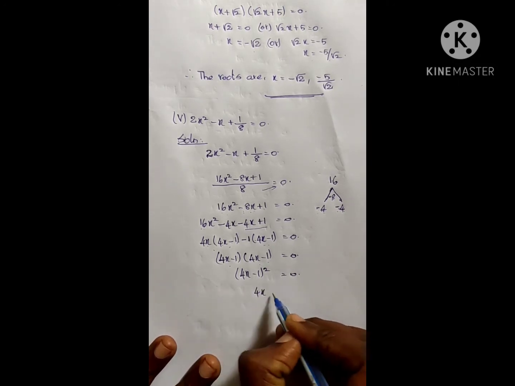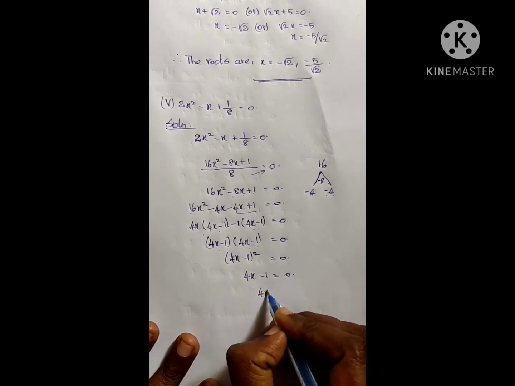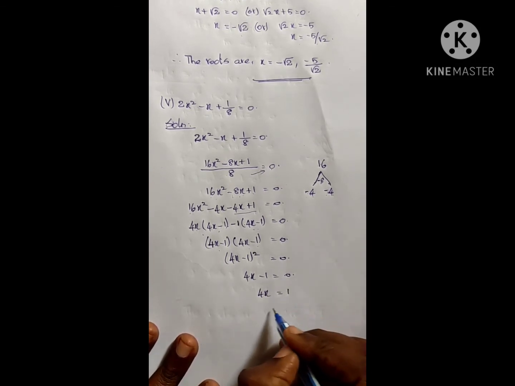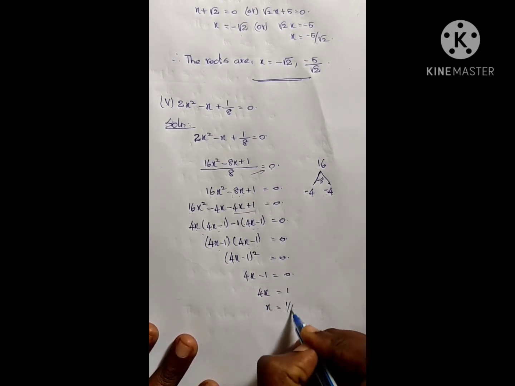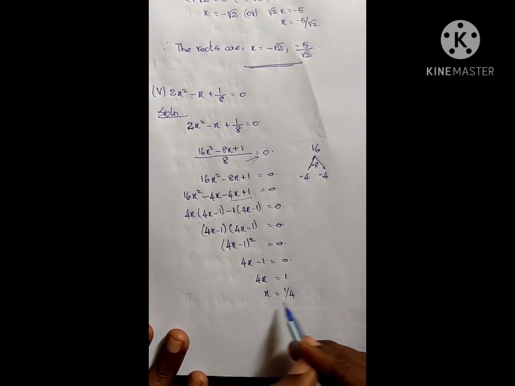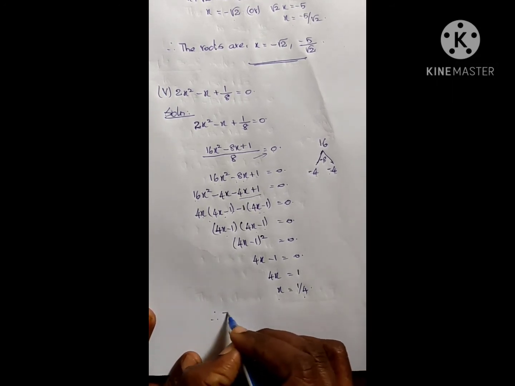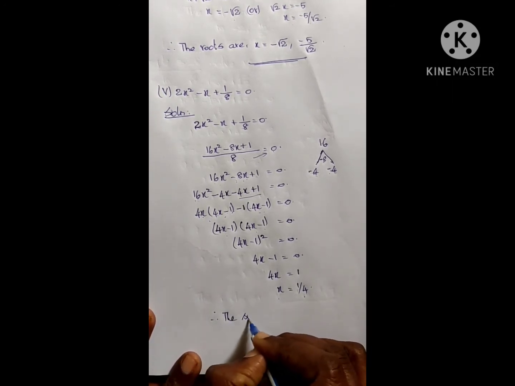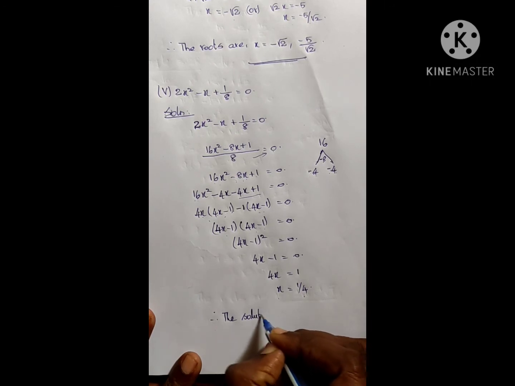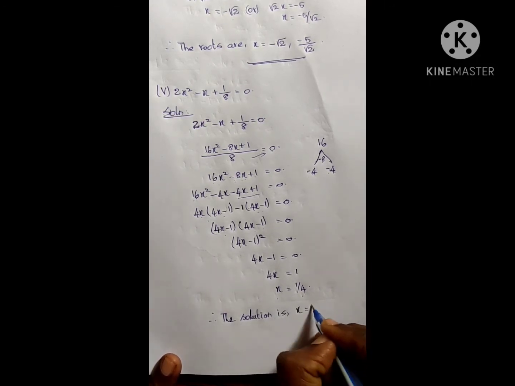That is 4x - 1 = 0, that is 4x = 1, this is x = 1/4. So the solution of this equation is x = 1/4. Therefore, the solution is x = 1/4.